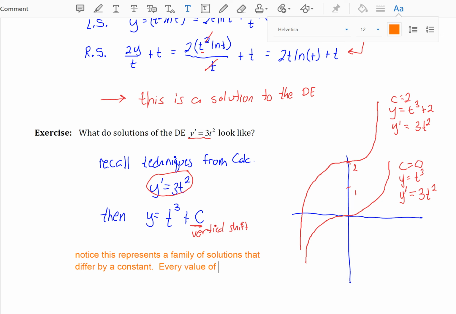Every value of c gives a different function that will satisfy the differential equation.